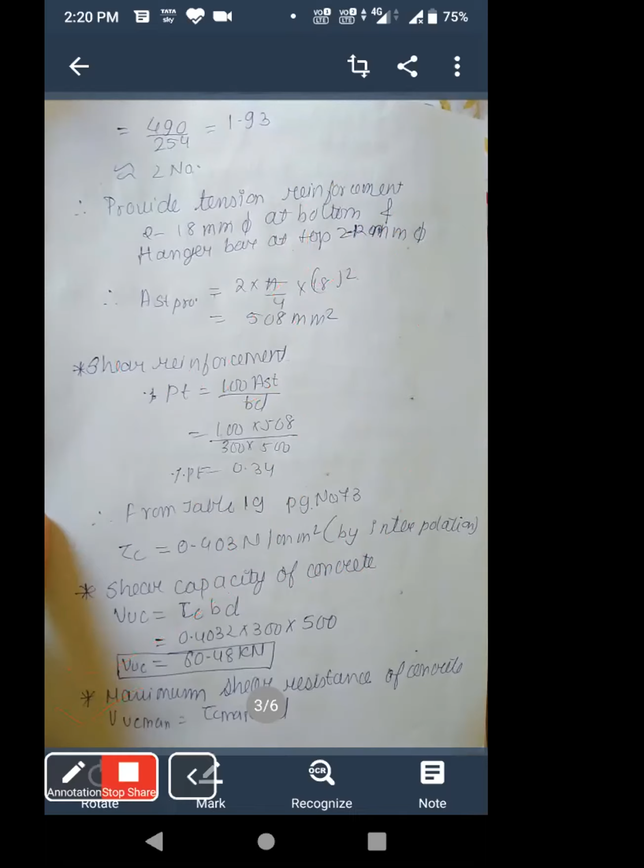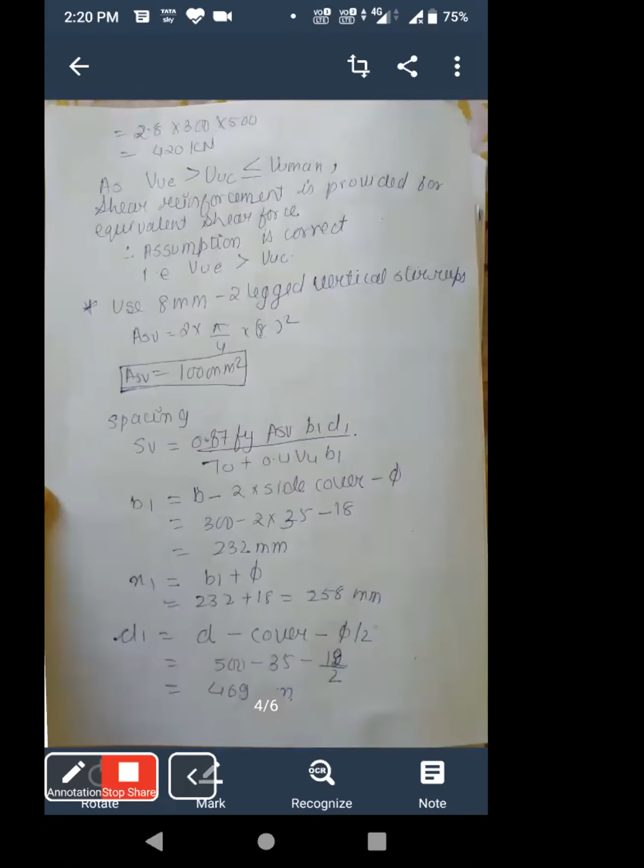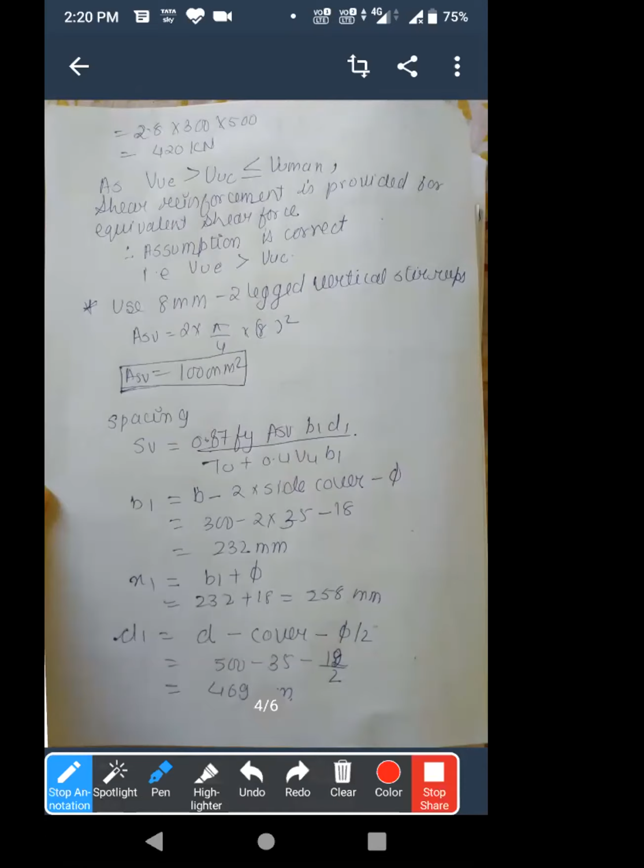You know how to get tau c max: according to the grade of concrete you can get the value of tau c max, that is 2.8. Then you are getting the value of 420 kilonewton. Now the case is that your equivalent shear is greater than your shear resistance by concrete, and the shear resistance by concrete is less than or equal to your maximum shear resistance.